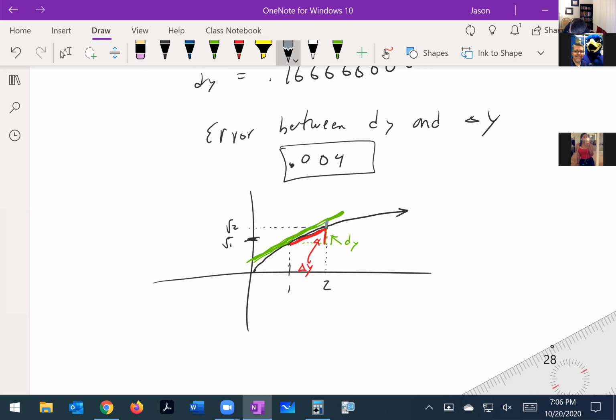This little itty bitty piece over there is 0.004. So they're both really good approximations of each other. Sometimes it's easier to take a derivative than it is to do subtraction. Sometimes it's easier to do subtraction than it is to take a derivative. So that's the moral of that story.